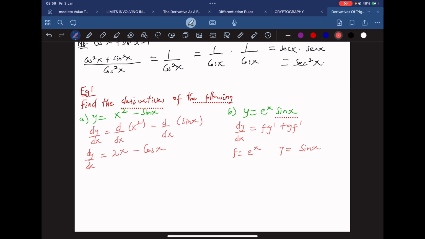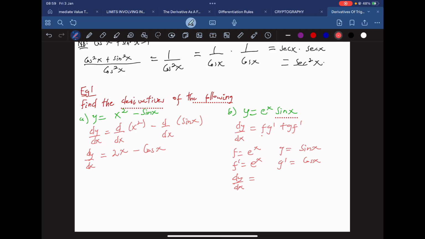If we differentiate f, remember, whenever you differentiate e to the x, you get the same thing. And when you differentiate sine of x, you always get cosine of x. So now we can do our substitution. So we have f over here.